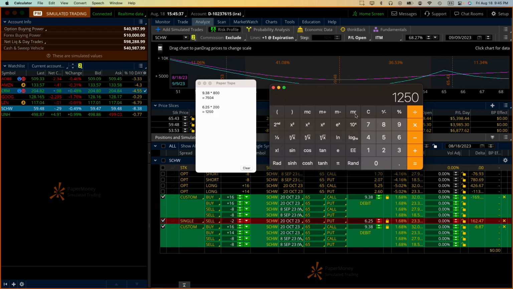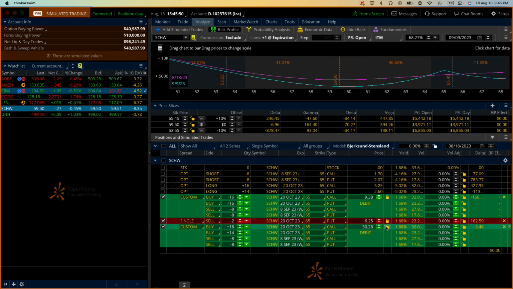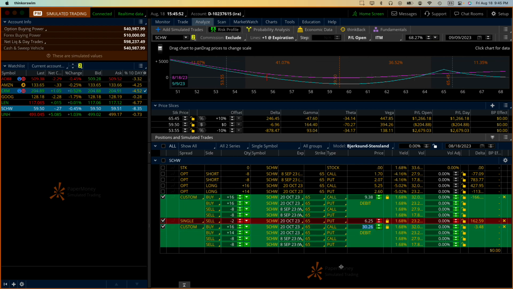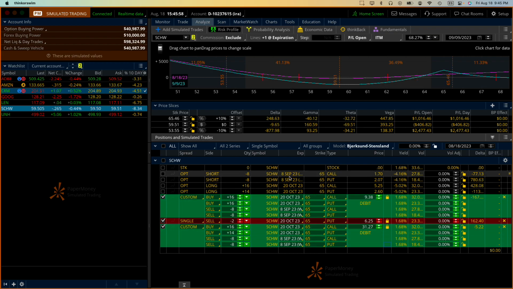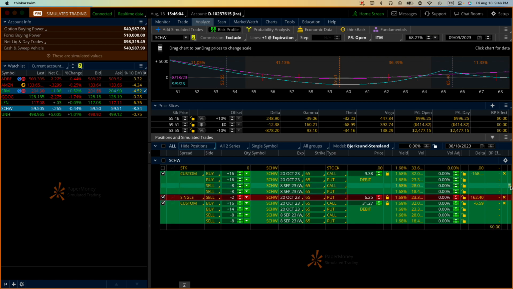So I'm going to subtract from memory and then recall. This is the new price. And I'm going to divide that by 200. That's my new price. You can open this up and you see that we still have a loser, but we have pulled out some of the money, and we are going to wait until September the 8th before we close this position, even if it is at a small loss.